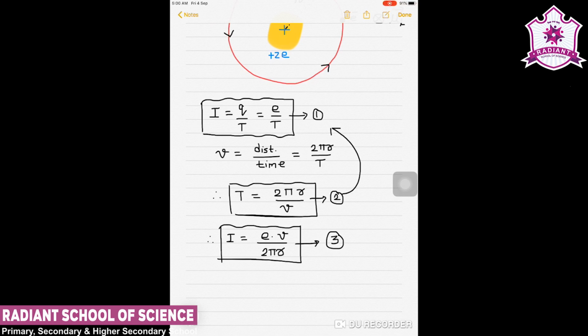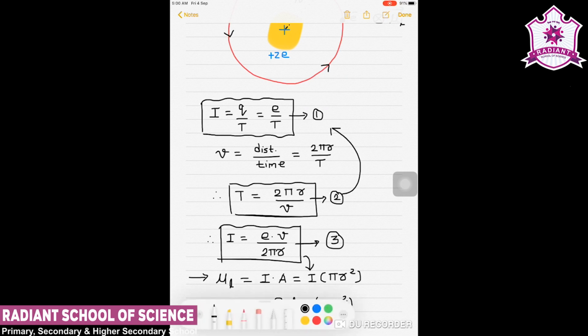Now if we consider that the magnetic dipole moment mu L is already given by current into area, and here in our case the area is pi r square, then putting the value from equation 3 in this equation, we have mu L equals E V upon 2 pi r into pi r square.